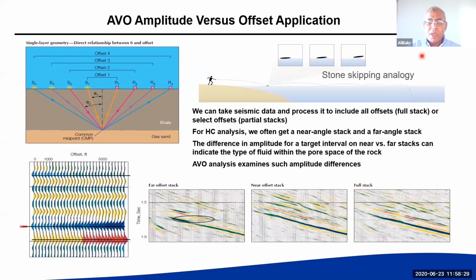As an example, if you throw a stone onto the top of the water with an angle, the stone will jump and hit the water and jump and hit the water again. While if you throw it up, not parallel to the water or with an angle, it will go up and then sink directly into the water.